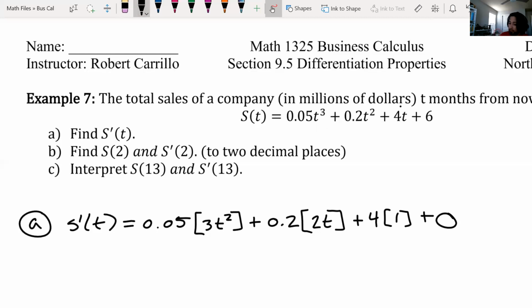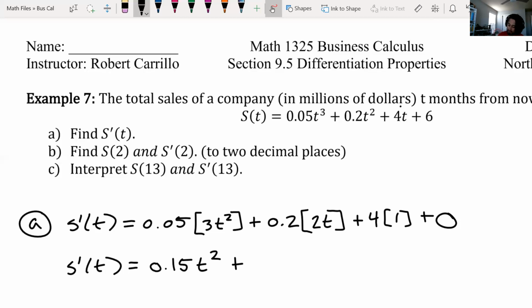Now let's just clean it up. S prime of t gives me 5 cents times 3. So I tripled my 5 cents and end up with 15 cents t squared plus 0.2 times 2.